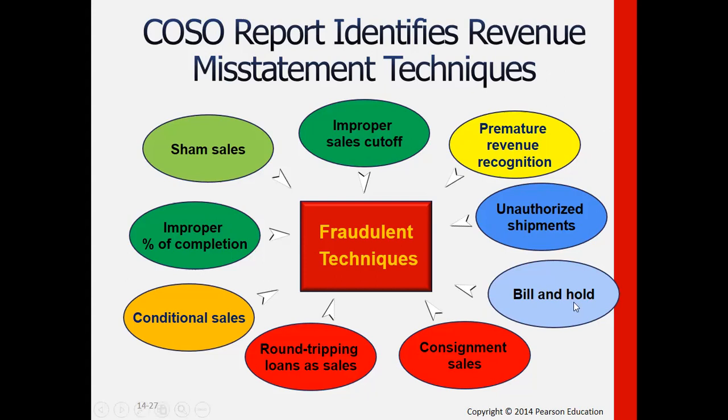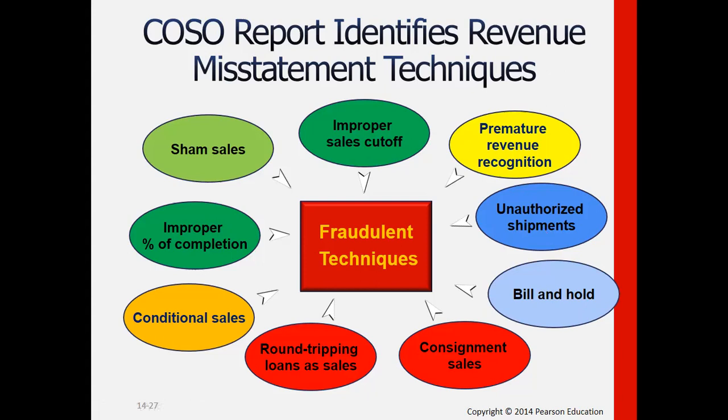Then bill and hold. So you are selling the goods, but you're keeping such for the meantime. There will be different rules for that. Unauthorized shipments. Shipments are being made without authorization, of course.